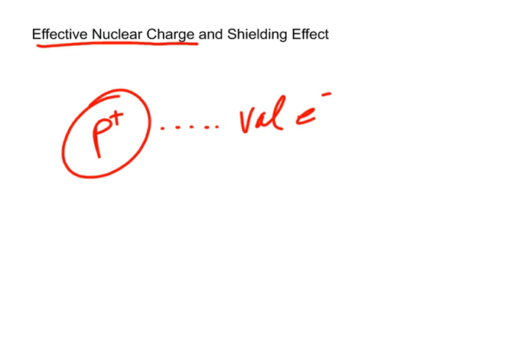Okay, and there is a formula that's pretty straightforward. The effective nuclear charge, let's go ahead and just call it ENC, just so we can keep our acronyms nice and easy.